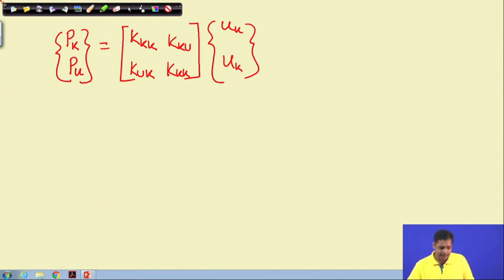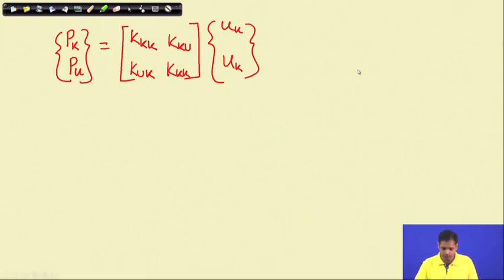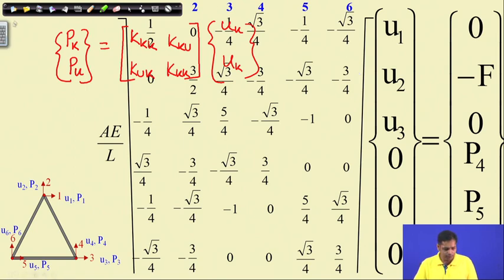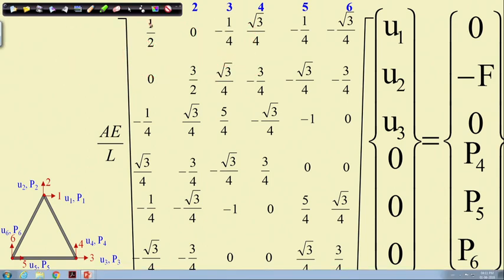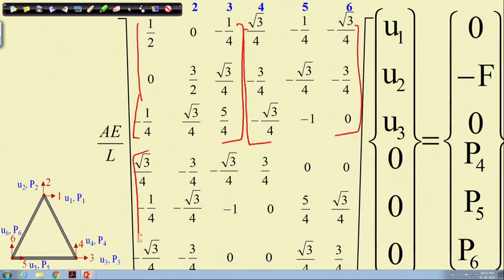Where K known-known is equal to this entire part, and the others are another part, this is another part, and this is another part.